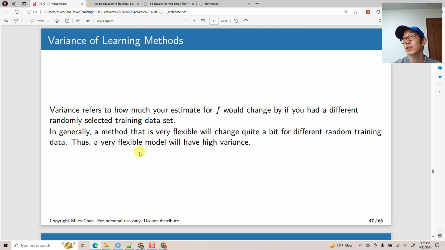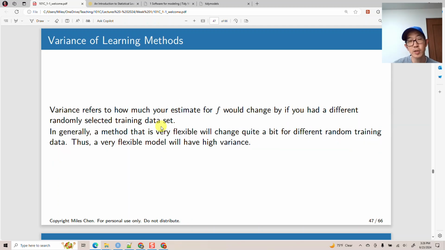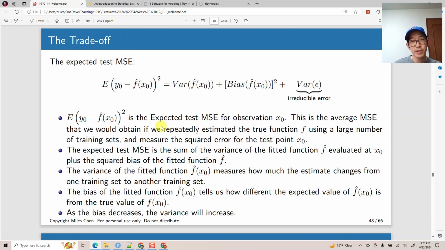If we had a different random generation of points, how much would the fitted lines change? The blue line probably won't change drastically, but the green line would change quite a bit, and that's variance. If something is very flexible, you're going to have quite a bit of shifting around for different random data. So highly flexible models will have high variance.